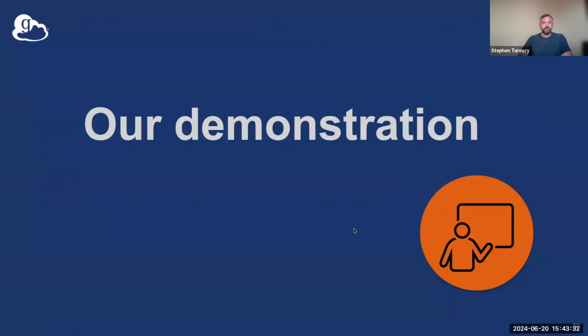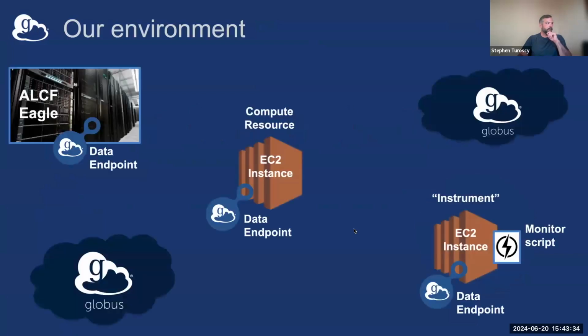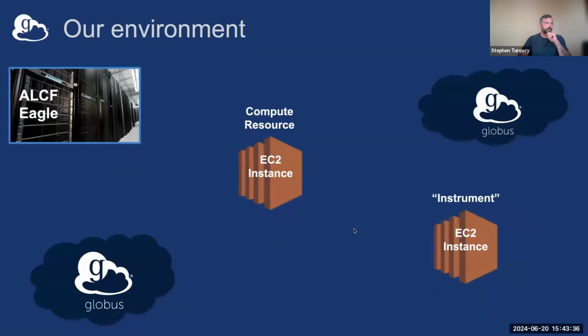So our demonstration, let me click. Let's see here. Okay. So our environment, ALCF at Eagle, we have a compute resource and we have an instrument with data coming off an instrument onto an EC2 instance with a compute resource also running on EC2. Or you could consider it, Polaris is a supercomputer that we have at ALCF.